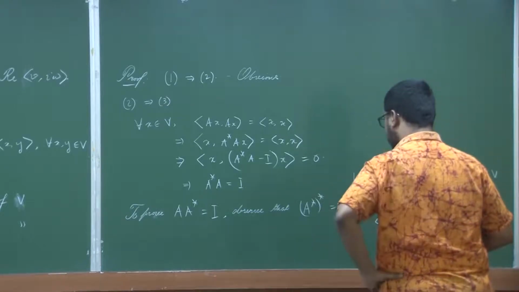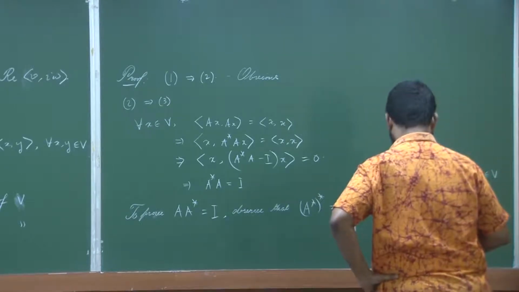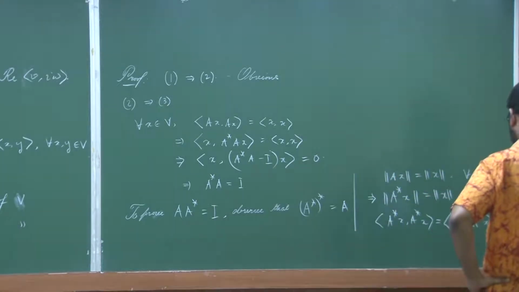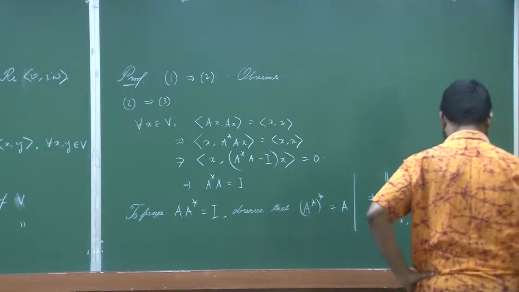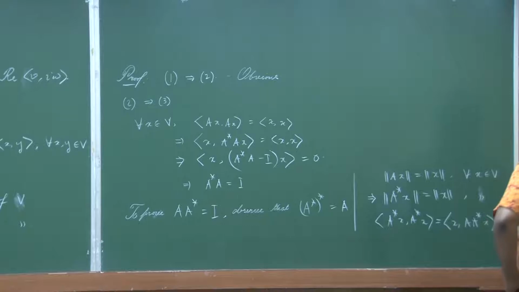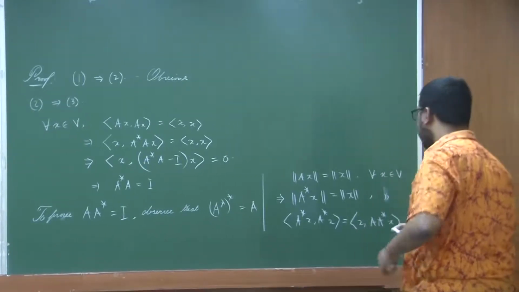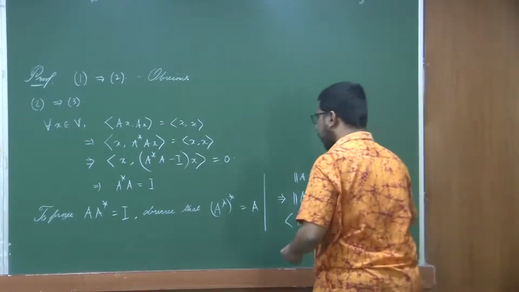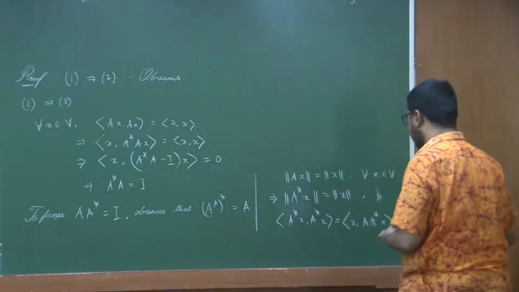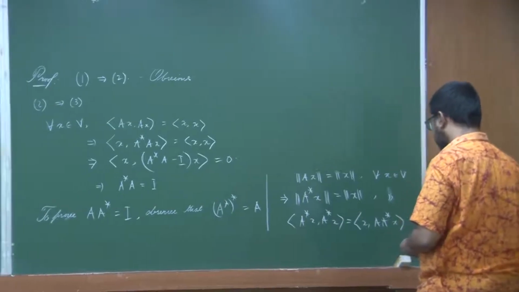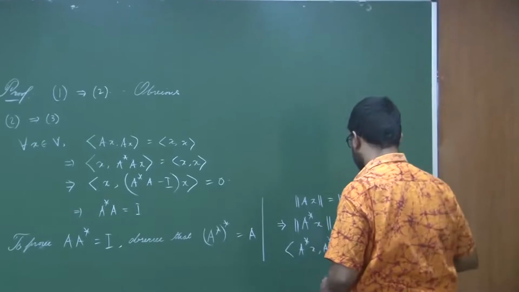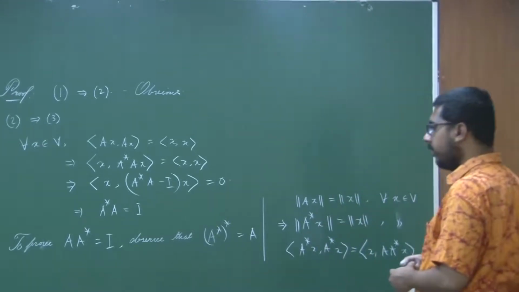Then this we can realize as A double star, just a minute. Or can we do it as A star A x is this? Let us see whether we can prove this or not.